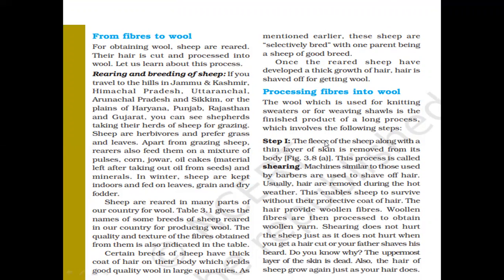We know fleece means the hair of the sheep, along with a thin layer of skin, is removed from its body. This process is called shearing. Machines similar to those used by barbers are used to shave off hair.